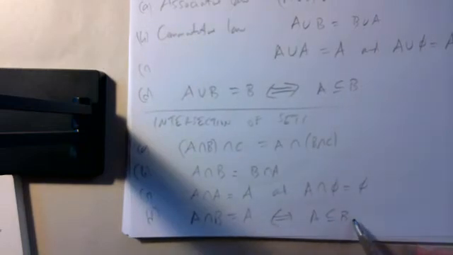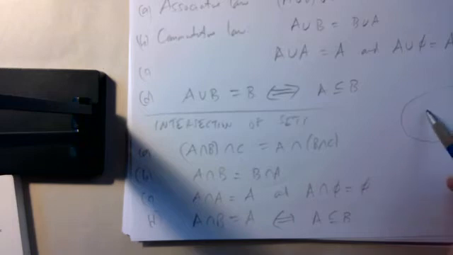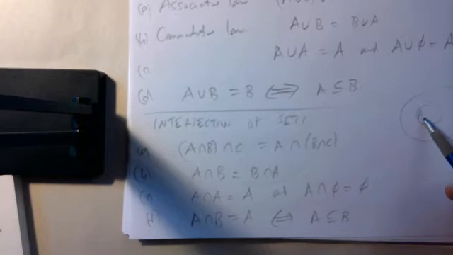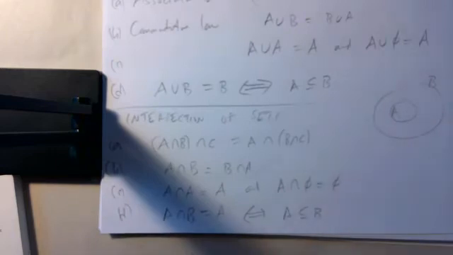If A is a subset of B, then the intersection of A and B is just A. A picture of this property is the following. If we have a set B, which contains the set A, the intersection of A and B is just A, and the union of A and B is just B. So this is the Venn diagram that describes that situation.